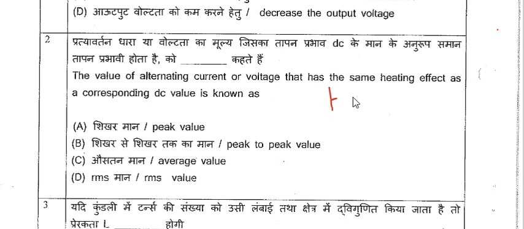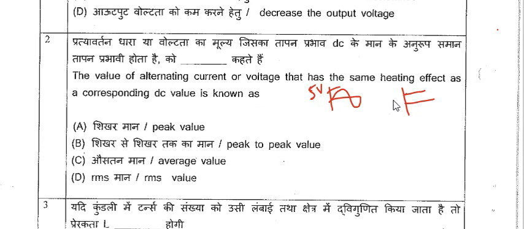So we know that the alternating current will be like this and the DC current will be like this. Suppose it is 5 volts or 5 amperes current that has the same heating effect as the corresponding DC value.